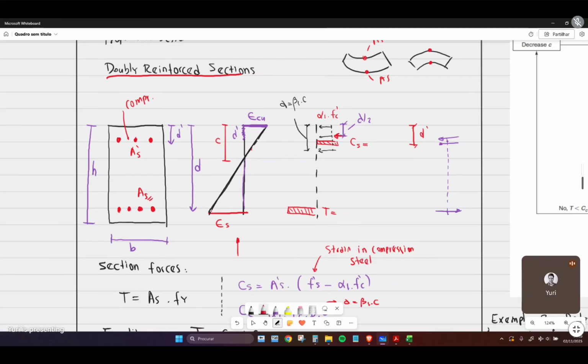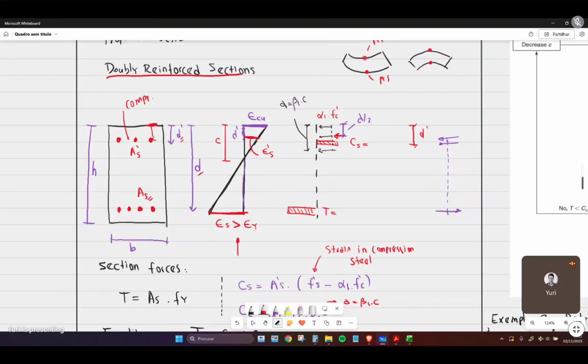At the bottom, we have the tension strain, which should be bigger than the yielding strain, as we talked about for ductility purposes. And here, on the compression part, there is also the strain of the compressive reinforcement, okay? The distance from the top layer to the center of mass of the compressive reinforcement, we're going to call d prime.